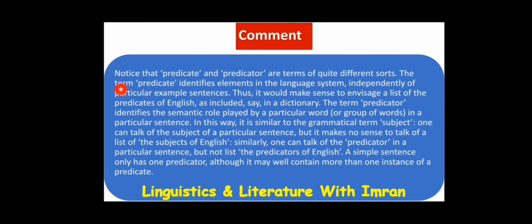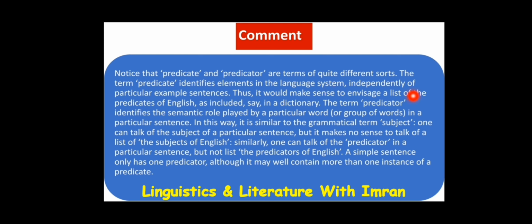Comment: notice that predicate and predicator are terms of quite different sorts. So these are two different terms. The term predicate identifies elements in the language system. So we can say that this is a predicate, this is a predicate, this is a predicate. So in the language system, we may have thousands of predicates independently of particular example sentences.